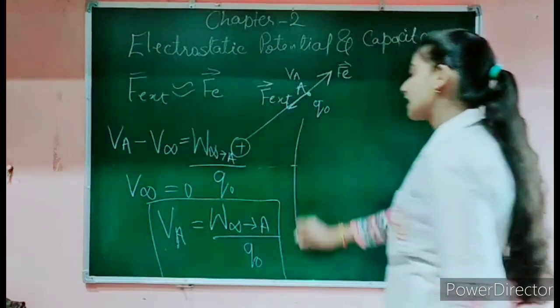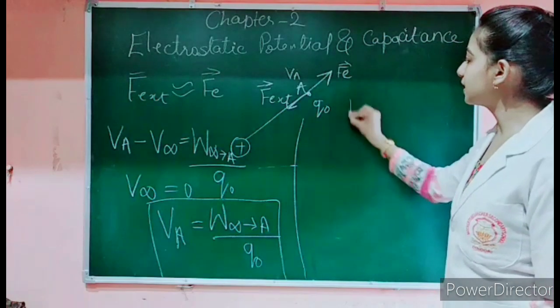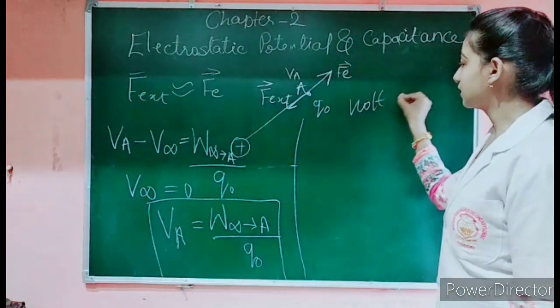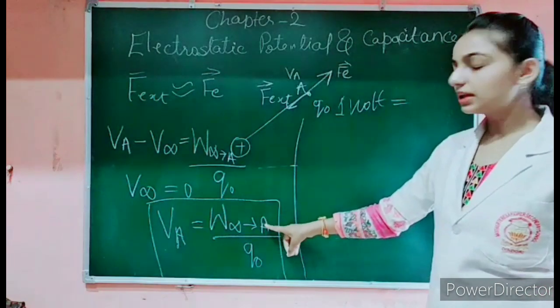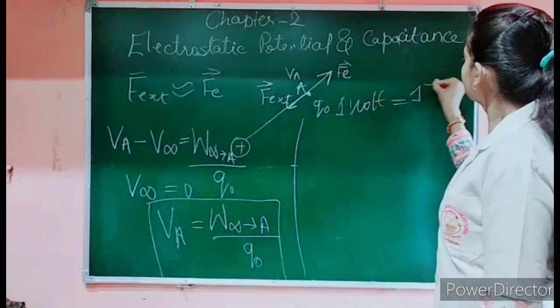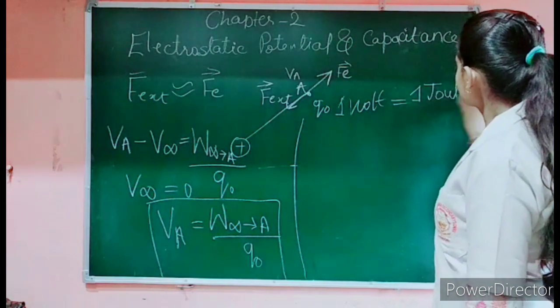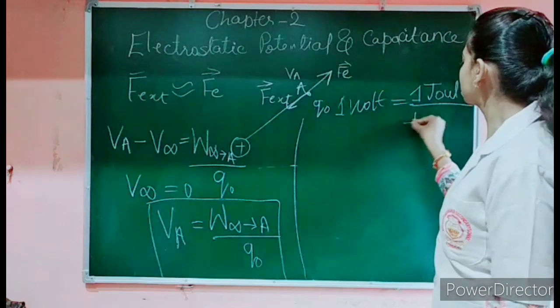Now, what is the SI unit? We know that potential is measured in volt. So, 1 volt: work is measured in joule, so 1 joule, and charge is measured in coulomb, so 1 coulomb.